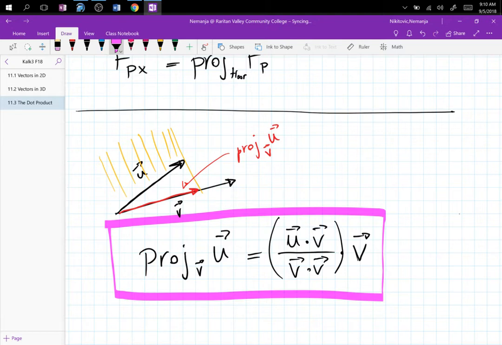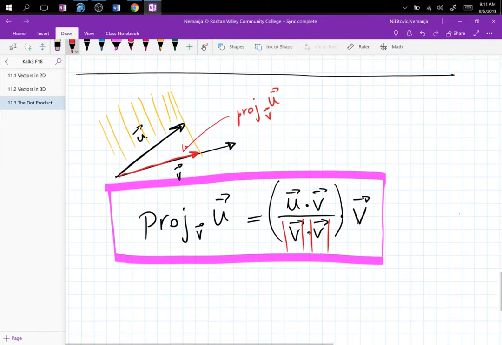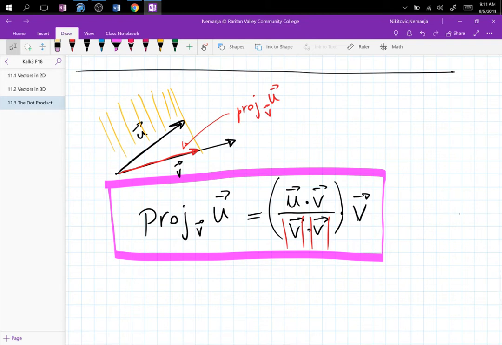Now, if you are trying to reason with this, these two in the denominator could have the magnitudes put in, though we don't need it in the formula. If you think about this, you would see that over here you essentially have v over the magnitude of v.